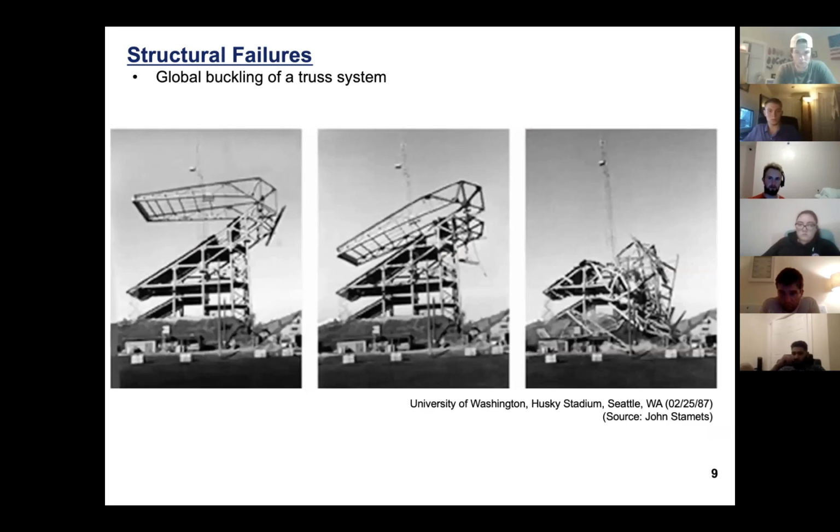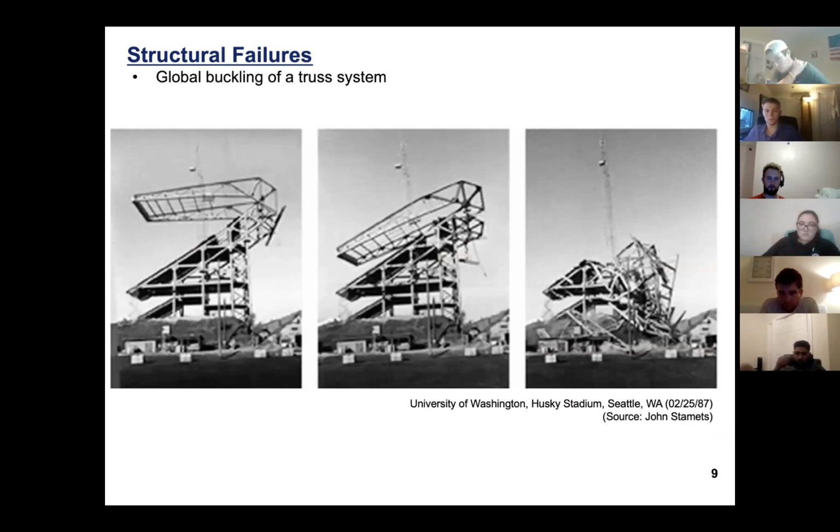If you look into the engineering literature, there are lots of structures that have failed due to buckling. One famous example back in 1987 was the Husky Stadium. Of course, at the time, structural engineers did not know that the coupling of two different buckling modes could actually lead to global failures.